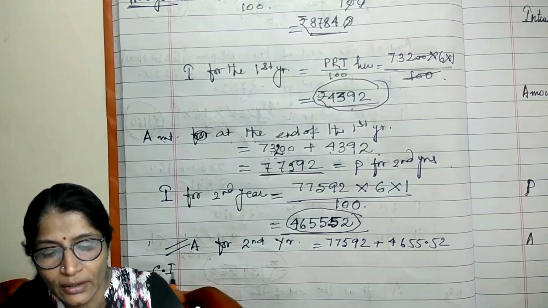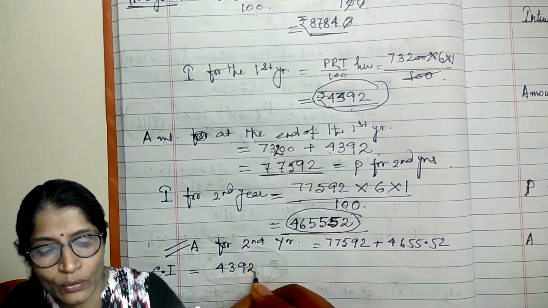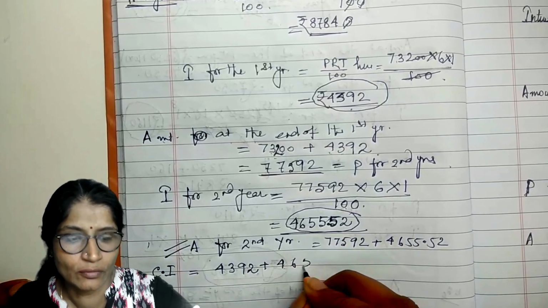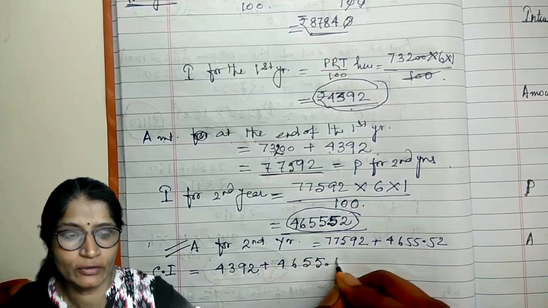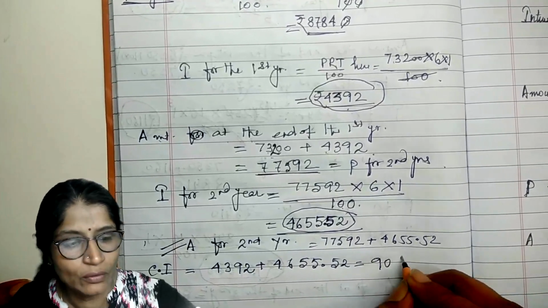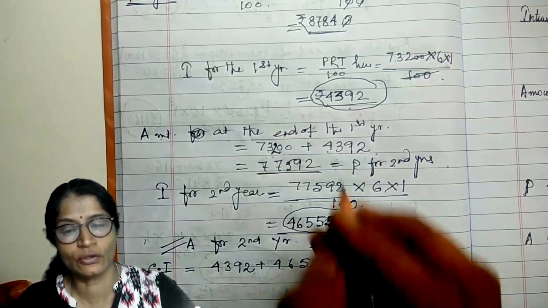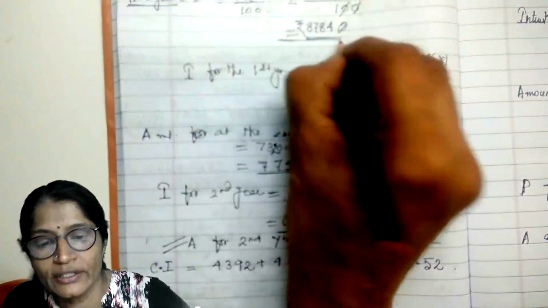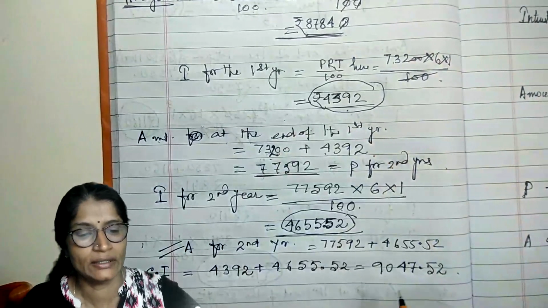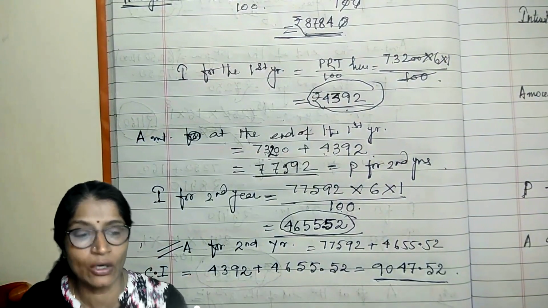So CI is equal to 4392 plus 4655.52, and it will come out 9047.52. Okay, so when it was simple interest, the total interest for 2 years is 8784, and see the difference, he will get near about 1000 rupees more.